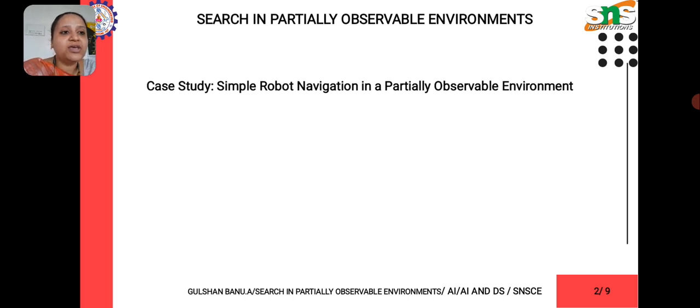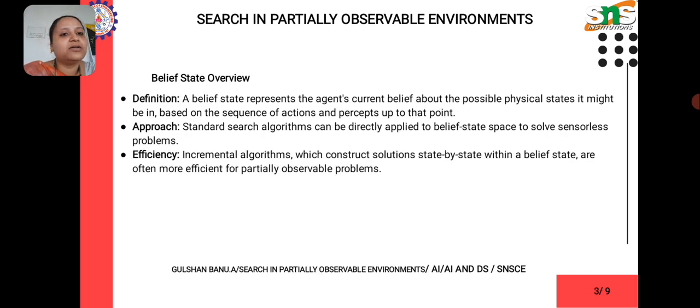And when you give very partial information, it does the process that is executed based on that, right? So we'll see what the partially observable environment is. When you search in a process where the information being given is partial, and the observations and the process being done are also partial, it is called search in partially observable environment.